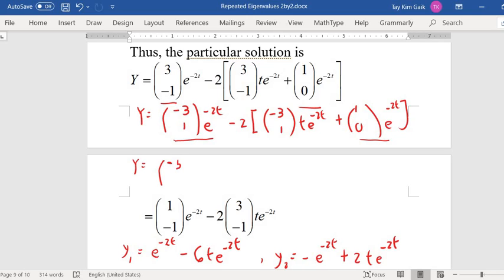So negative 5, this is 1, exponent negative 2t, so this is minus 2, negative 3, 1, t, exponent negative 2t.